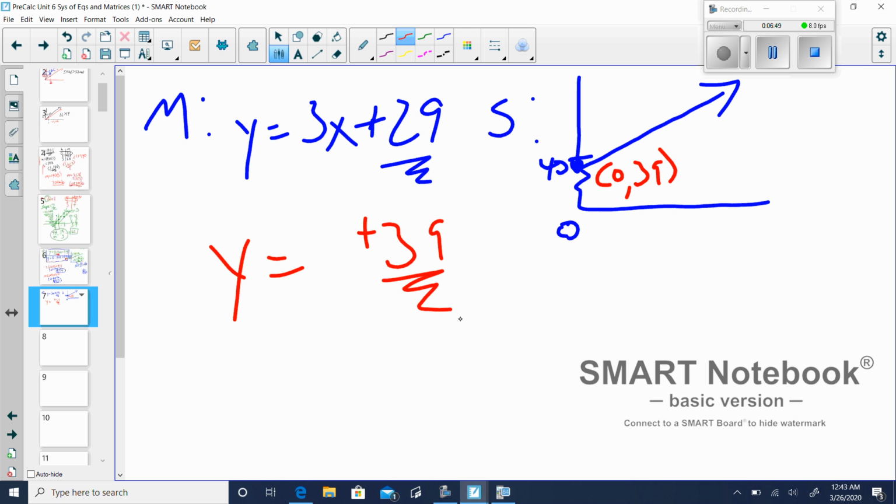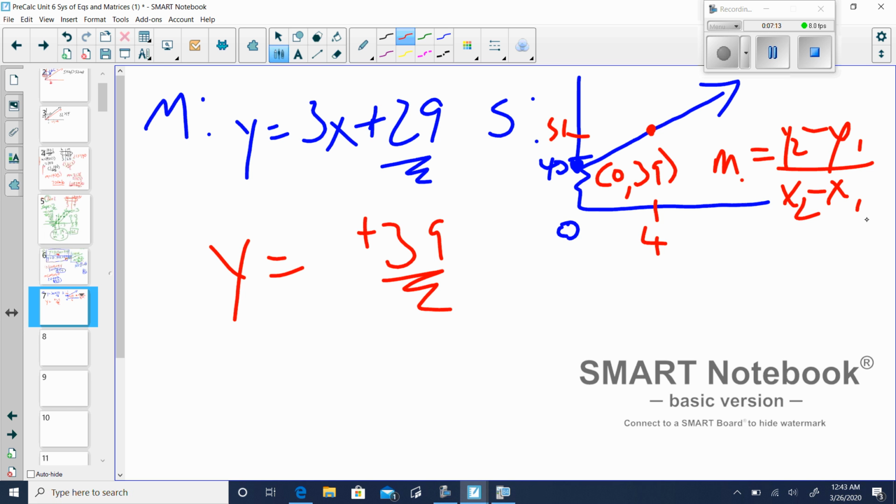So let's see what the cost is going to be per hour with a personal trainer. That's going to be the slope or the rate of change for Sarah's graph. Let's see how we can calculate that, because we have another point up here, and that point is (4, 51). So once again, our slope is y2 minus y1 over x2 minus x1.